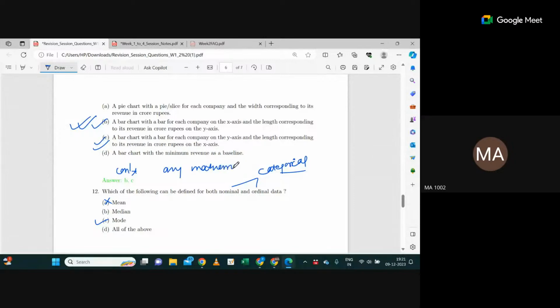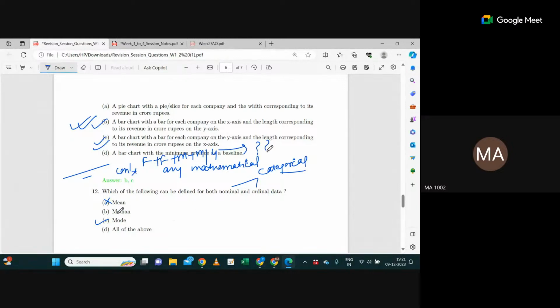To calculate the mean we have to add all the observations and divide by the number of observations, but we can't do that, right? Can you do something like female plus male divided by 4? Is this making any sense? No. So mean we can't do.